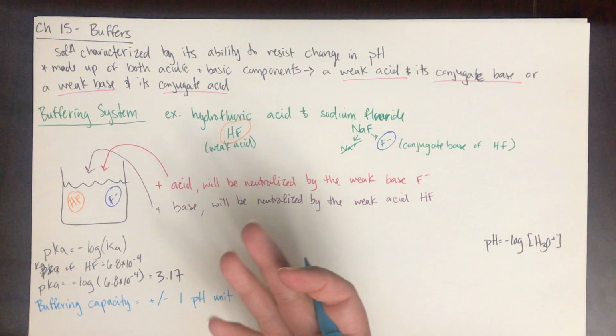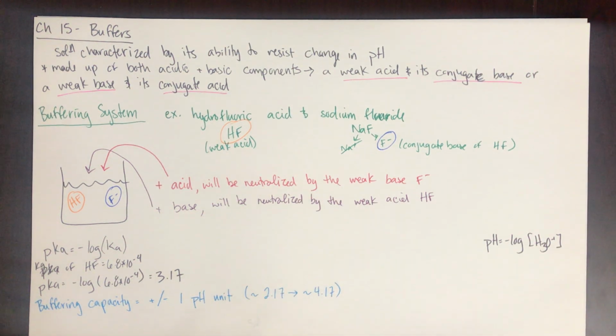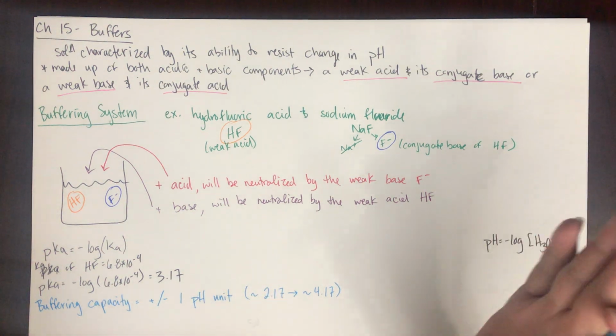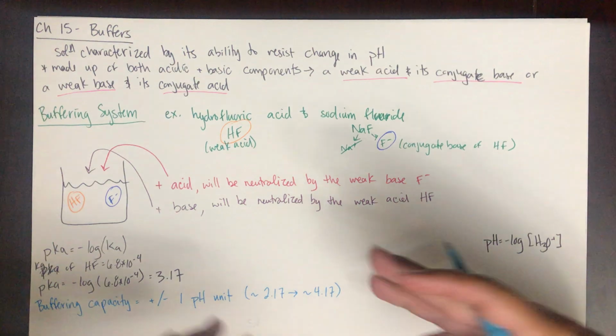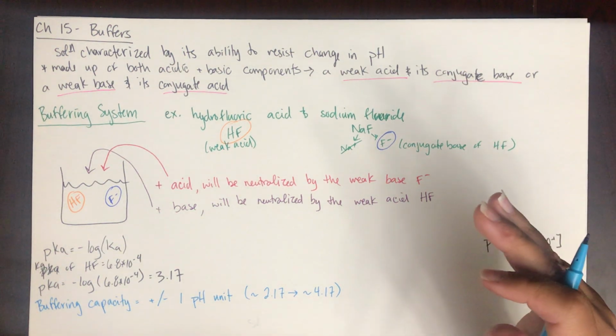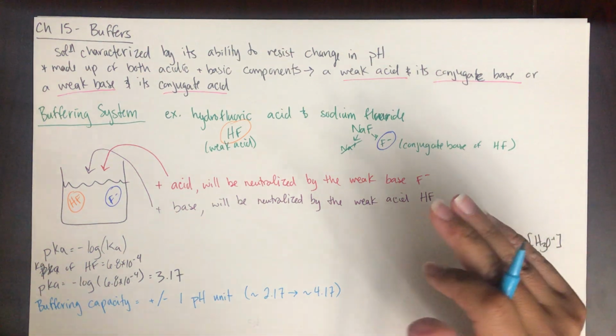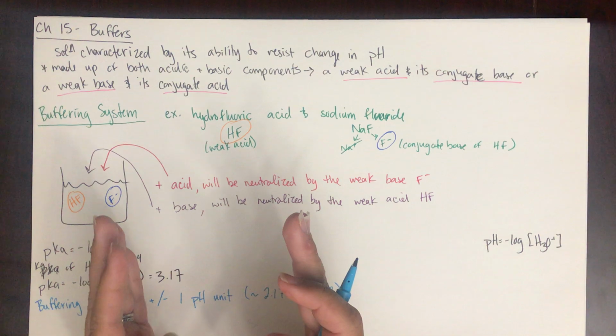So depending on what kind of pH you would want, for example, many chemical reactions have to be held within a specific pH, so that chemical reaction would be done within a buffering system. All biochemistry, all of the chemical reactions that are happening in our bodies and in our cells, happen within a very small window of pH.